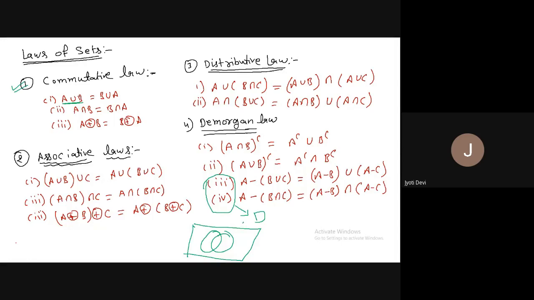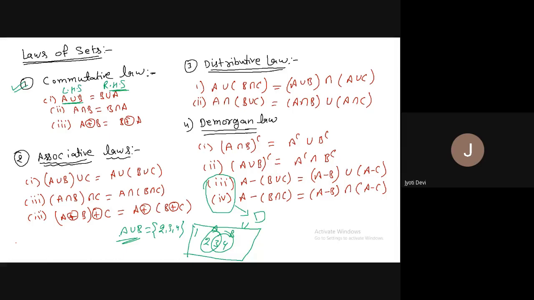It is your universal set, A set, B set, A union B. I just give the naming 1, 2, 3, 4. What are the elements present in A union B? 2, 3, 4.